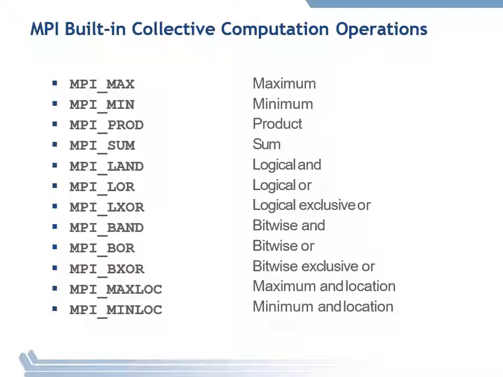MPI built-in collective computation operations. There are a few operations which are listed on the screen. As you can see, MPI_MAX, which represents maximum, MPI_MIN, which represents minimum. In the same way, PROD, which is product, SUM, which is addition, LAND, which is logical and, and LOR, which is logical or, LXOR, which is logical exclusive or, BAND, which is bitwise and, and BOR, which is bitwise or.